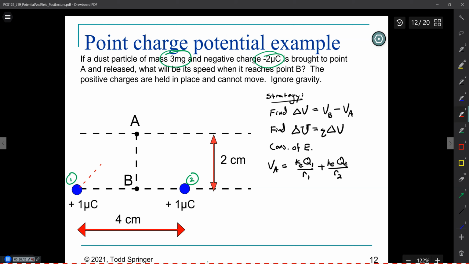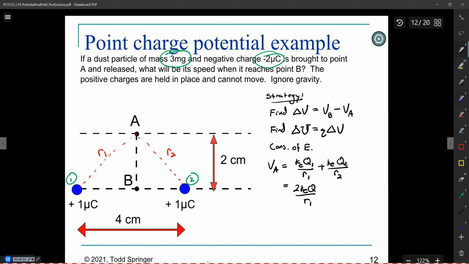So R1 is this way, right, from A to the charge, and R2 is this distance here. Those distances are the same. So I'm going to have here 2 KEQ over R. Let's say R1. Doesn't matter, could be R1 or R2.